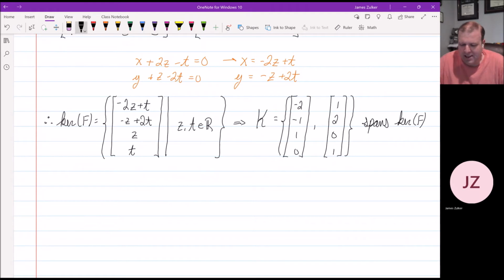We also know it's going to be linearly independent. You can verify that.